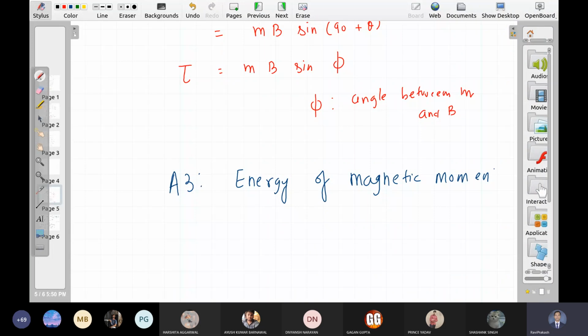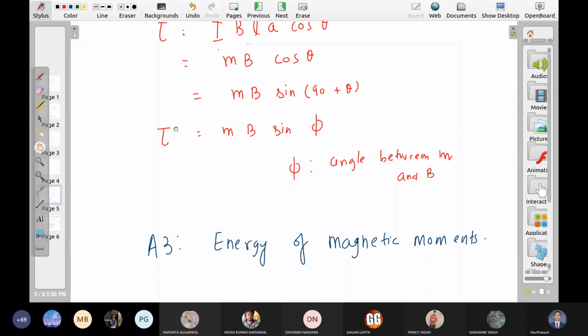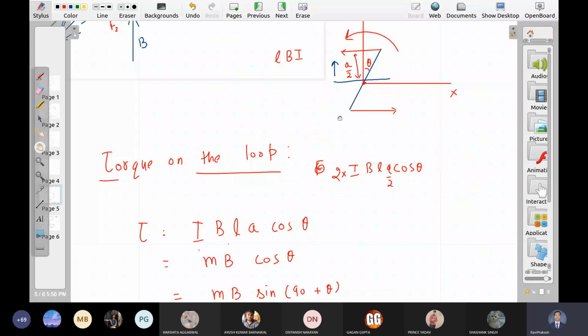So how much energy is there in a magnetic moment? Let me play some trick here. If you apply this much torque, then you can rotate this magnetic moment, right?